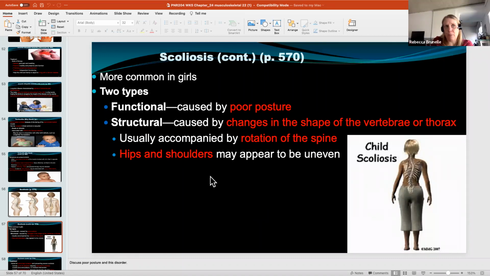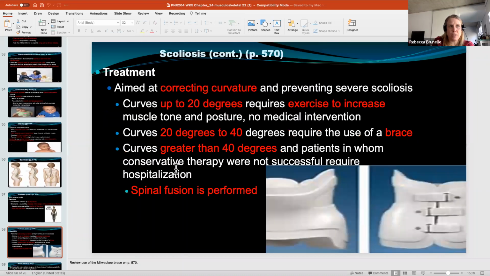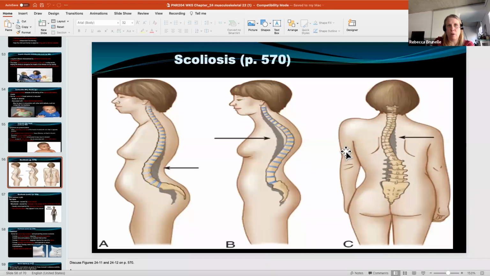It rarely can be caused just by poor posture, but that's not the most common. Usually there's a problem with the vertebrae that causes the scoliosis, and that's referred to as structural. In terms of needing surgery, it's divided up into different categories. Mild is considered up to 20 degrees, and when we talk about degrees, we're talking about the degree to which the spine is curved.